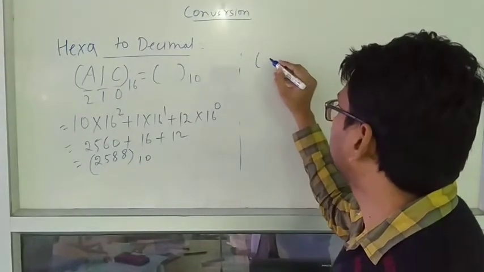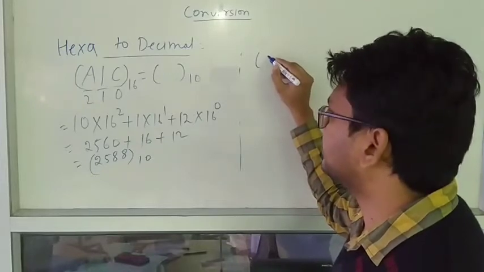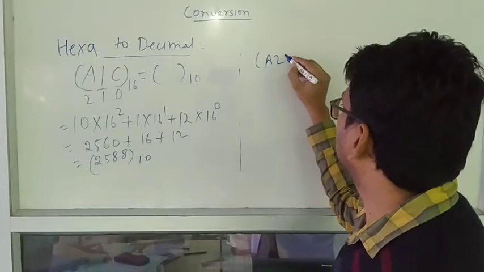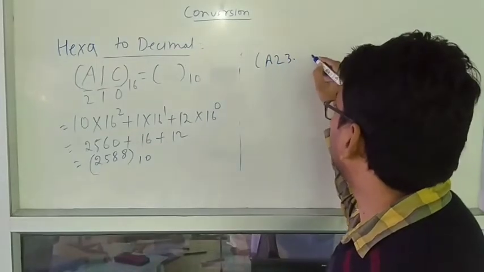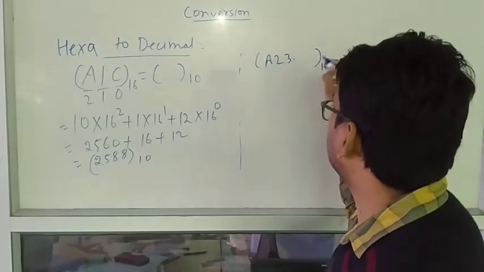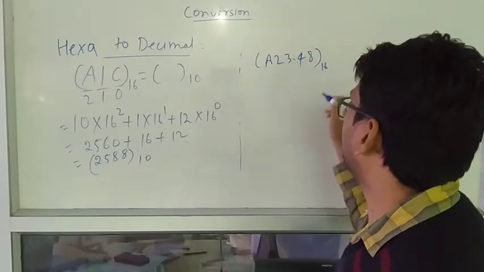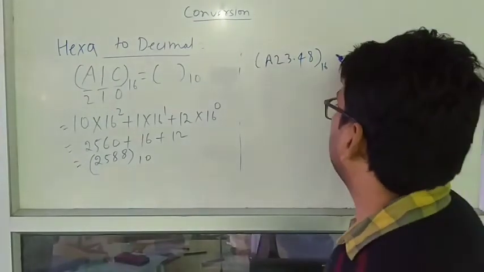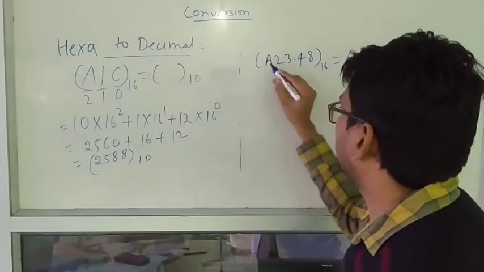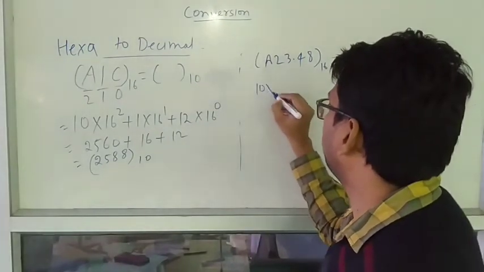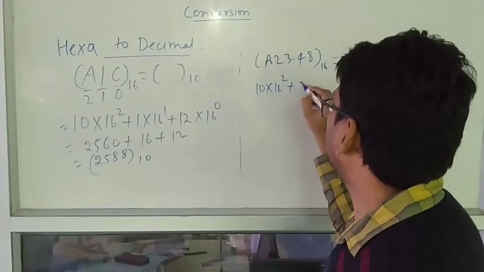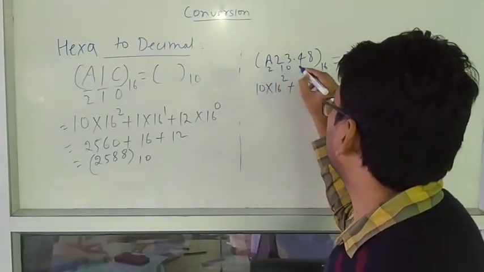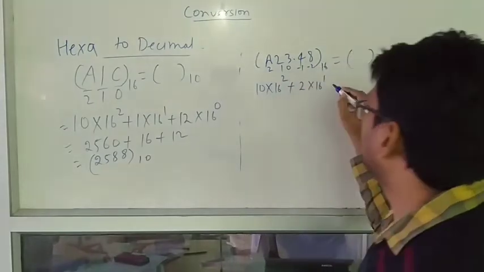Like if we have a hexadecimal notation like A23.48 in base 16, and if we want to convert this number into the decimal one, then here again 10 multiplied by 16 squared plus 2 into 16 to the power 1. Here positions are 2, 1, 0, minus 1, minus 2.